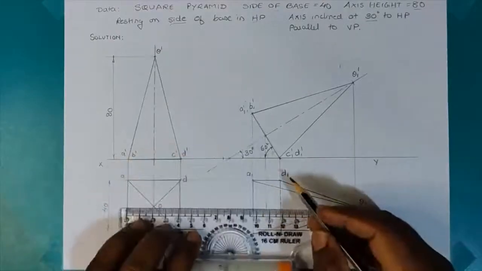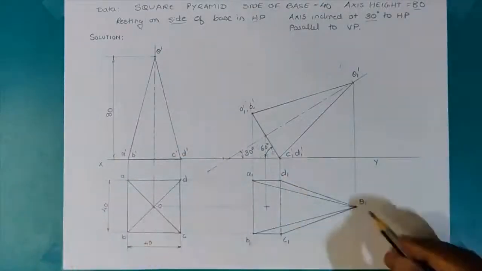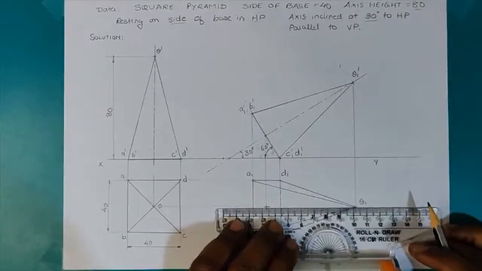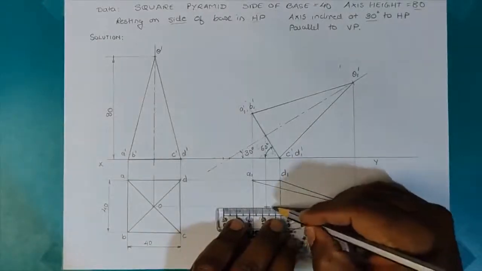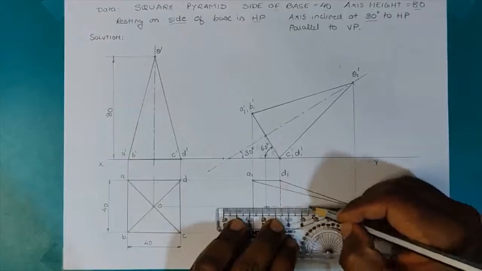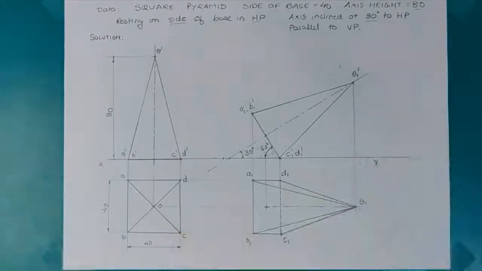This is the center of the base, and I can draw the axis, which is a chain line. So this is the final solution. I hope you are able to solve the problem and understand the construction. Thank you for your patient listening.